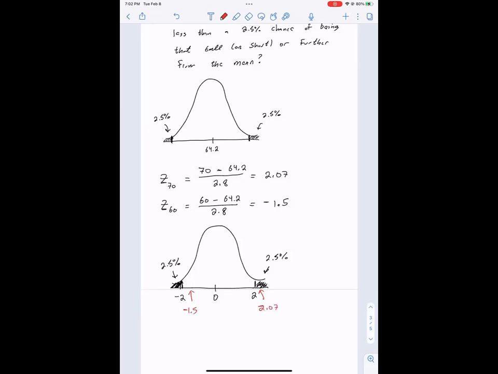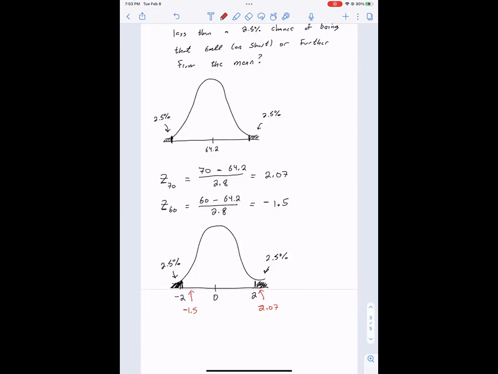So by calculating the Z-score, it's a lot easier to determine whether or not the result is unusual. If it's past 2 or negative 2, it's an unusual result. If not, it's not unusual. So what does the Z-score tell us? It doesn't care what the actual data point is. It gives you how many standard deviations away you are from the mean.